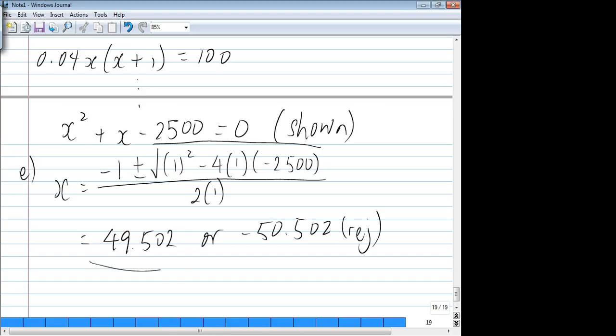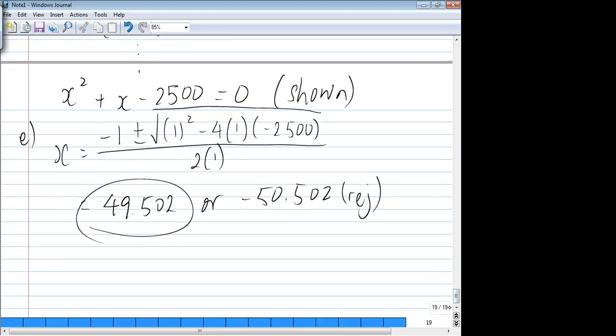So X is going to be 49.502. And they want the cost of petrol in 2015. In part B, okay, we said that the cost of petrol per liter in 2015 is equals to 100 over X plus 1.